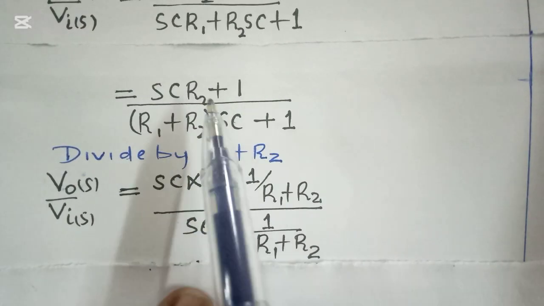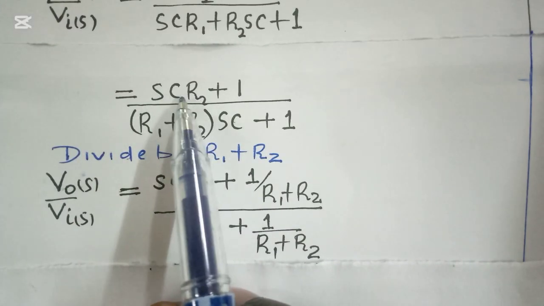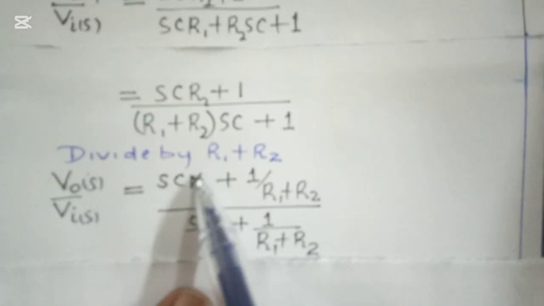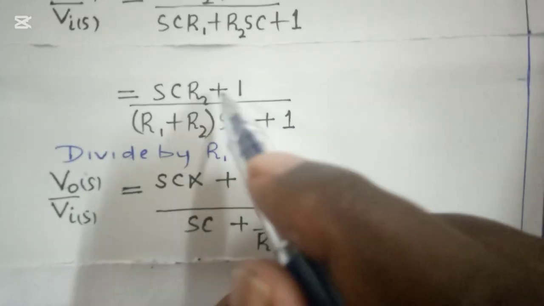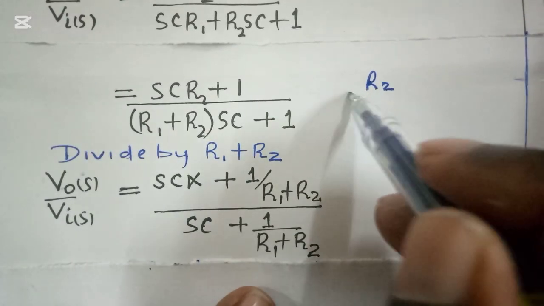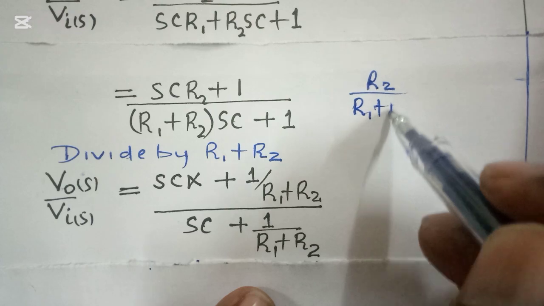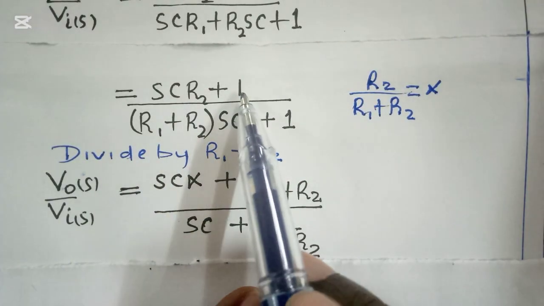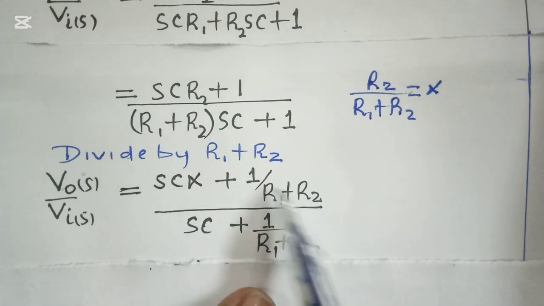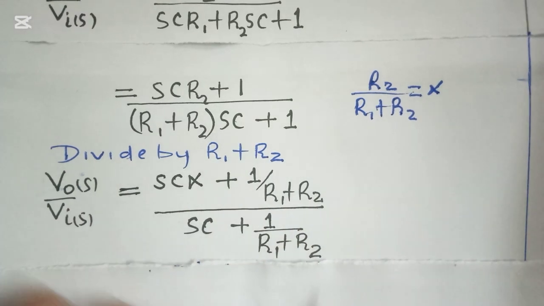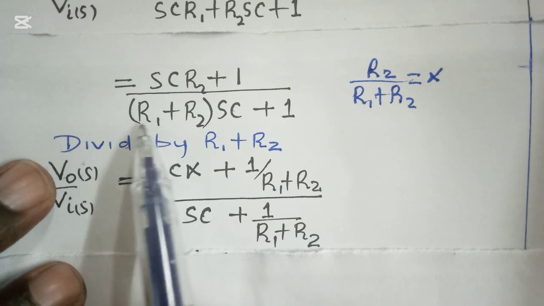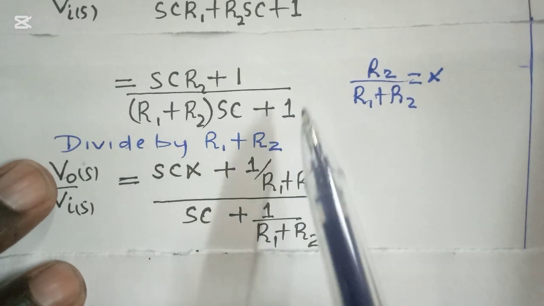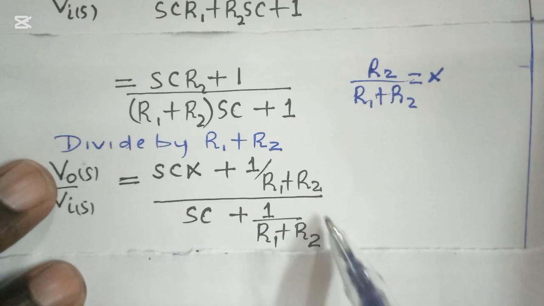The R2 over R1 plus R2 will change to alpha. When we come to the 1, we shall have 1 over R1 plus R2. Now going to this, we divide by R1 over R2, both will cancel and we are left with SC. For this one, it shall be left like that.